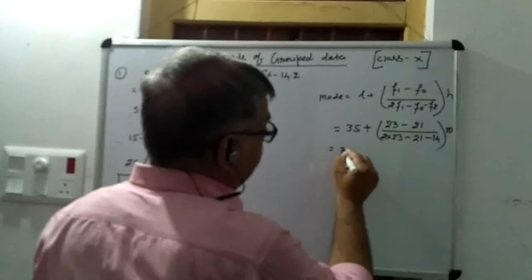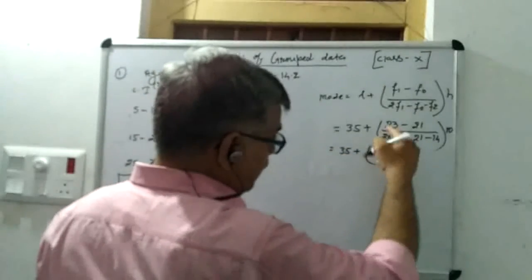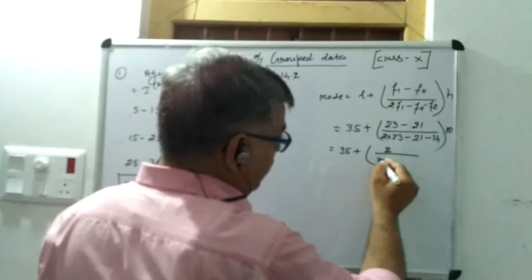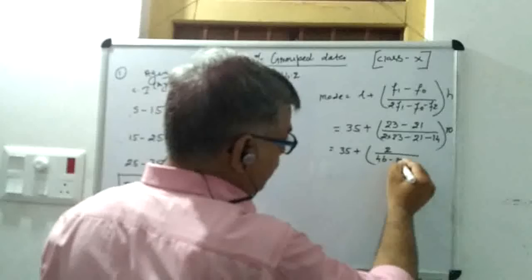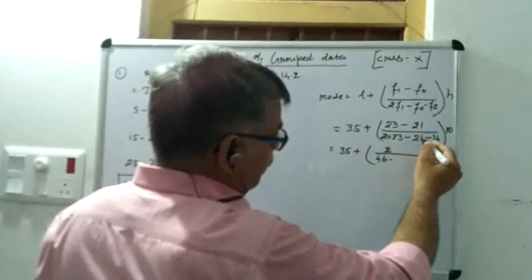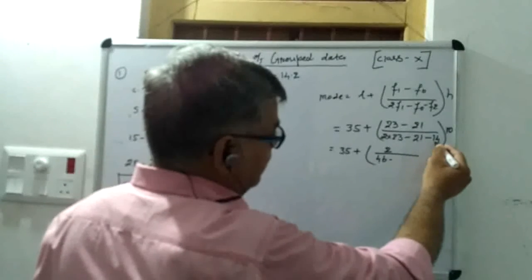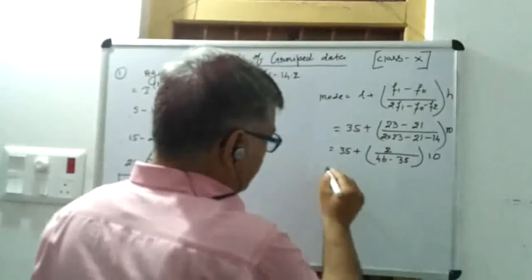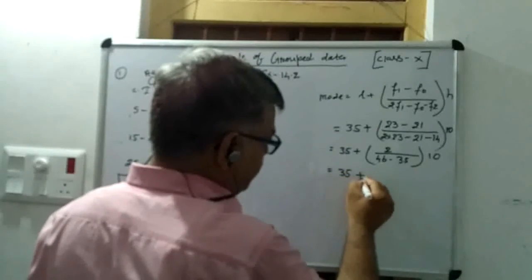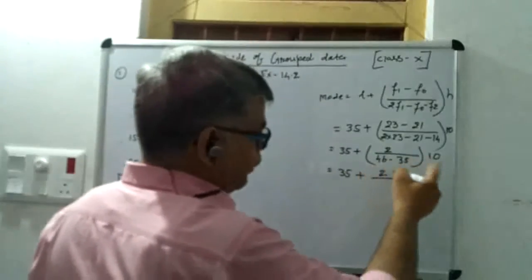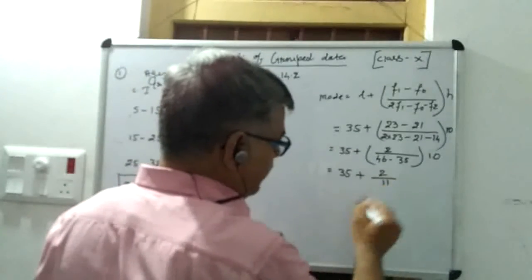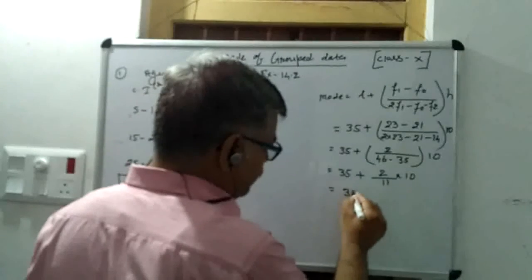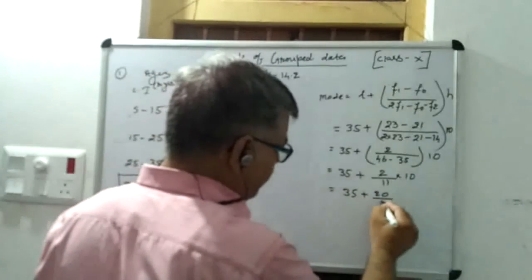Solve it. 35 plus (23 minus 21, which becomes 2) by (2 into 23, that is 46, minus 21 minus 14, which is 35) into 10. In the next step, write 35 plus 2 by (46 minus 35, which becomes 11) into 10. Since there is nothing to cancel, 35 plus 20 by 11.